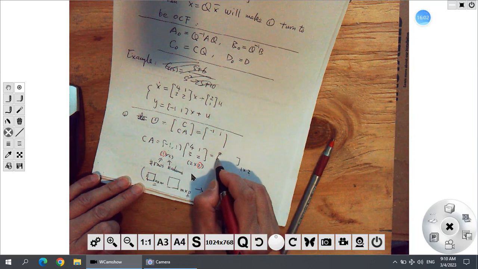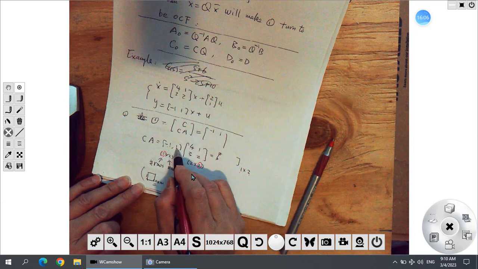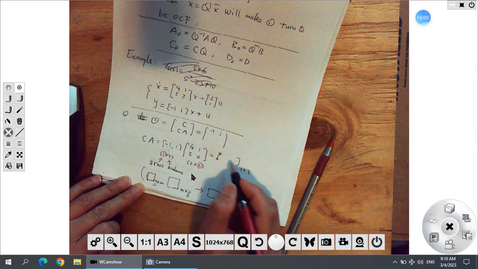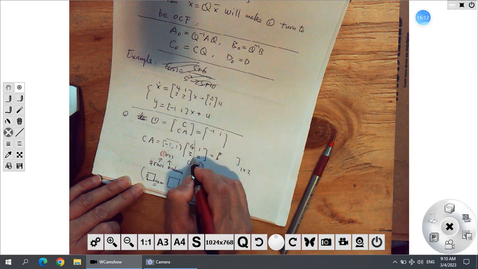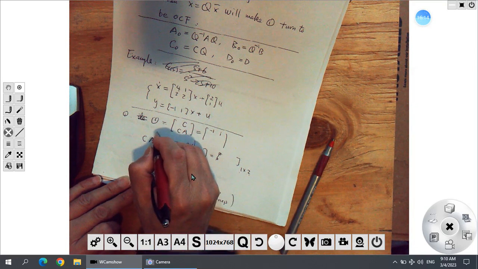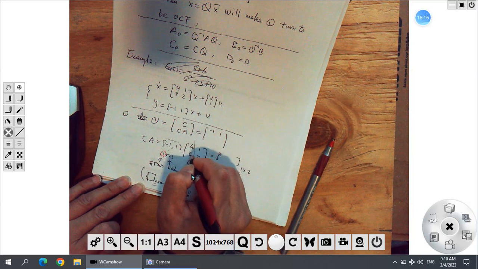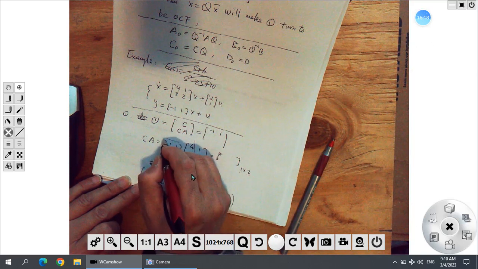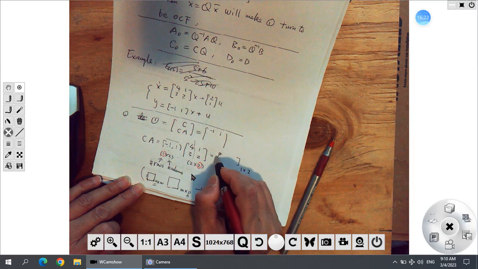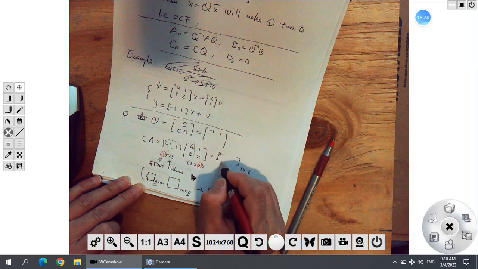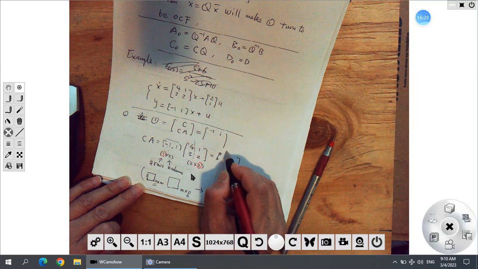The elements here are -1 and 1. You choose one row times one column, so this is the first row times the first column. The location will be the first row, first column.